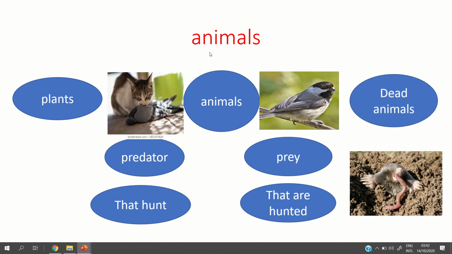And also some animals can eat dead animals. Look at this picture, like this worm here, it eats the dead bird or dead animals. So when animals want to get their food, they can eat, number one, the plants, number two, the animals, number three, dead animals.